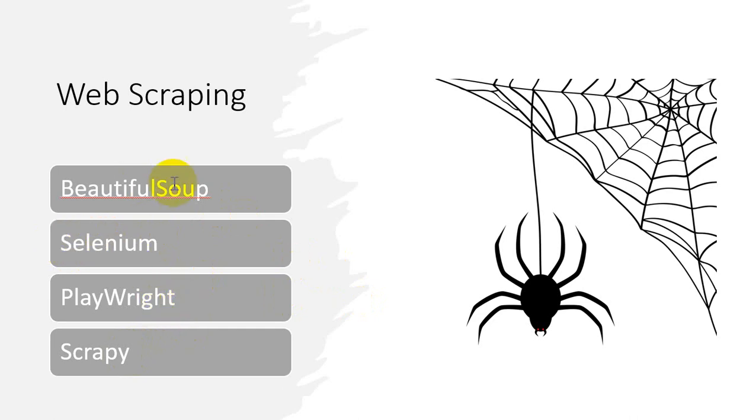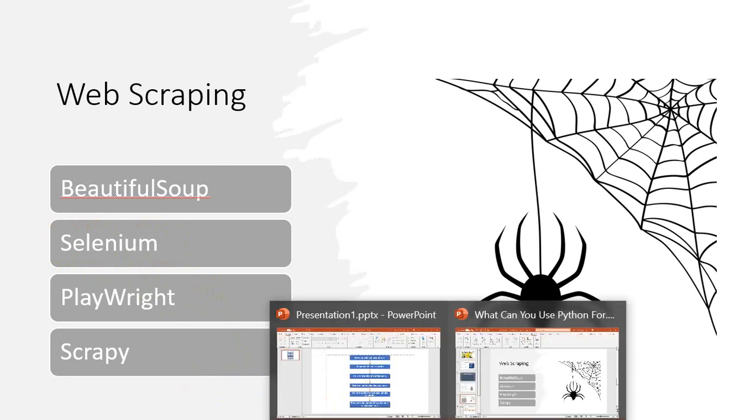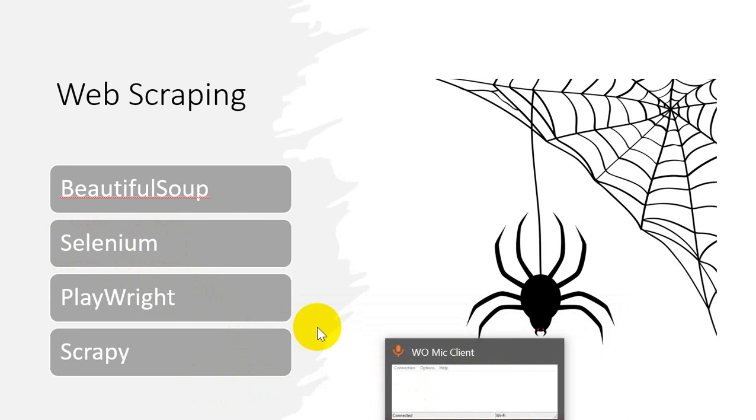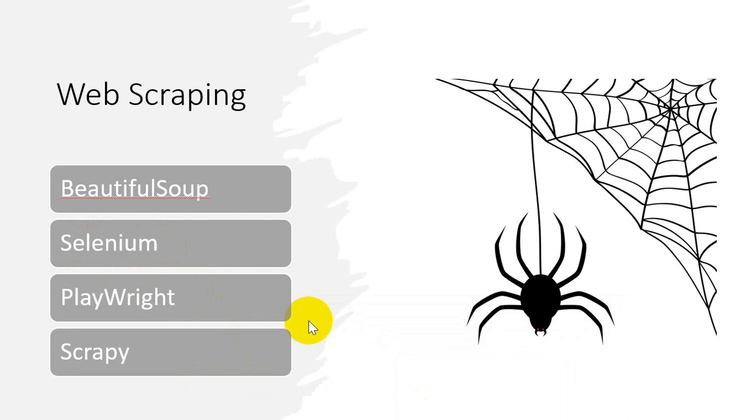You can pair Beautiful Soup or Scrapy with automation tools like Selenium and Playwright, which was developed by Microsoft, to bypass some internet blockades. So these are areas you can use Python for web scraping.